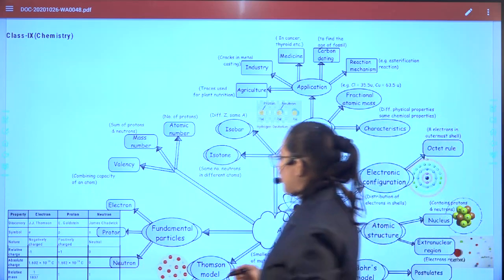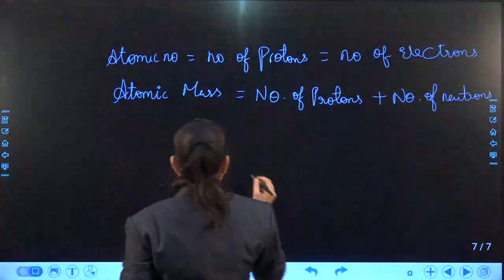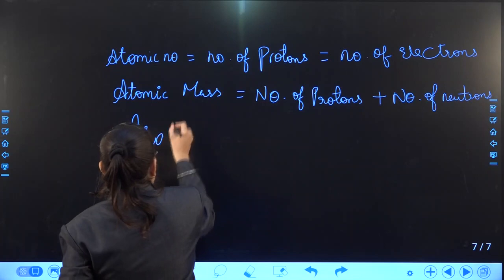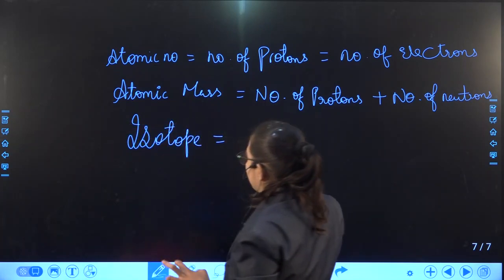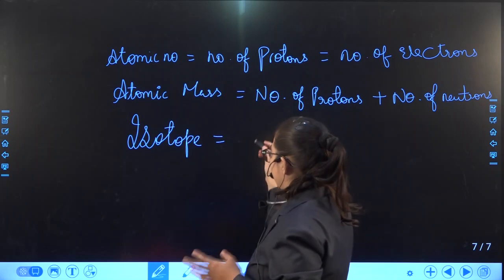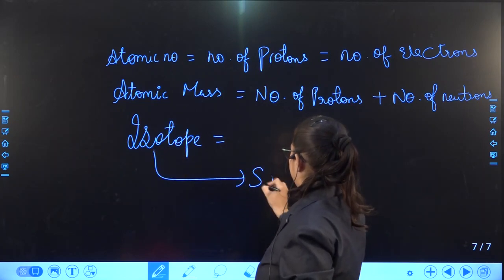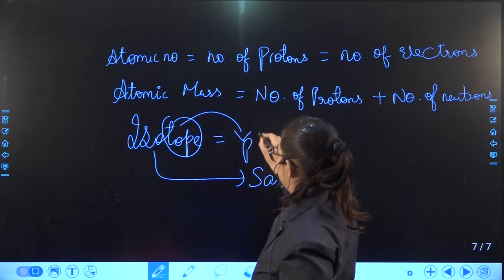First of all, if we talk about isotope, the name itself suggests it is having two things. Isotope, that means the name itself is suggesting iso means same and tope means place.